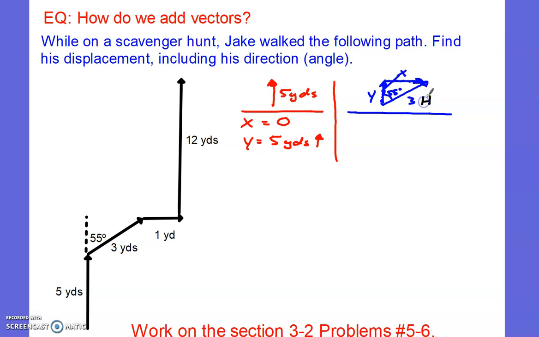My hypotenuse is the longest side, so that's the 3. The 55 degrees is at the bottom. So the opposite of bottom is top. Therefore, my x component is the opposite. And the adjacent side is the one touching the angle, but is not the hypotenuse. To find the x and y component, I'm going to use my SOHCAHTOA.